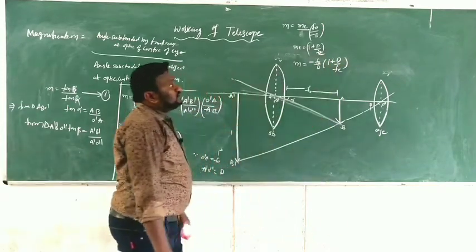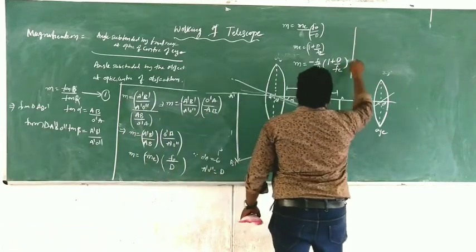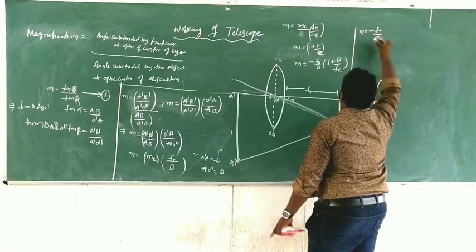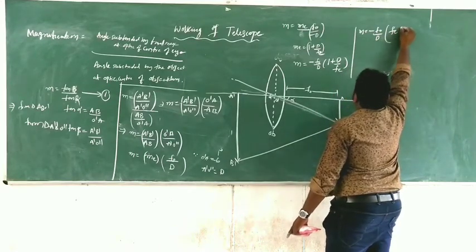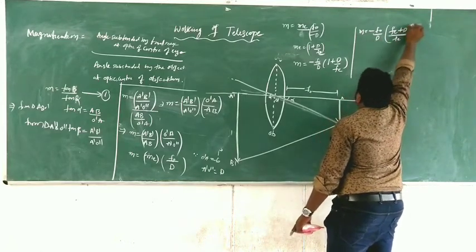Clear children? Then obviously I am writing now, again taking LCM, M is equal to minus F naught by D into FE plus D by FE.